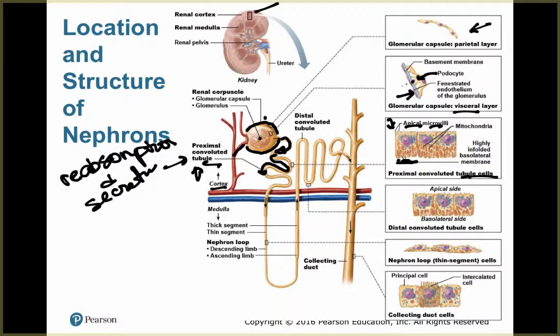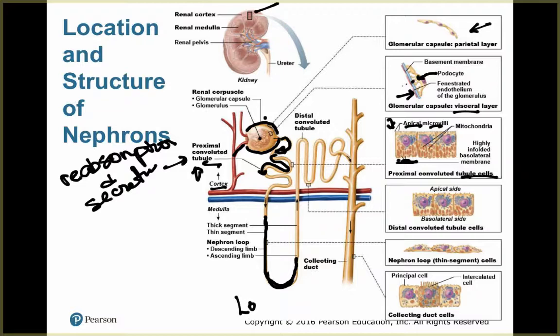Now, if you go a little bit farther, you can notice right down here, all the way around, it stops. If you look here, you can actually see where the size changes, where it gets thinner. That's what's known as the nephron loop.